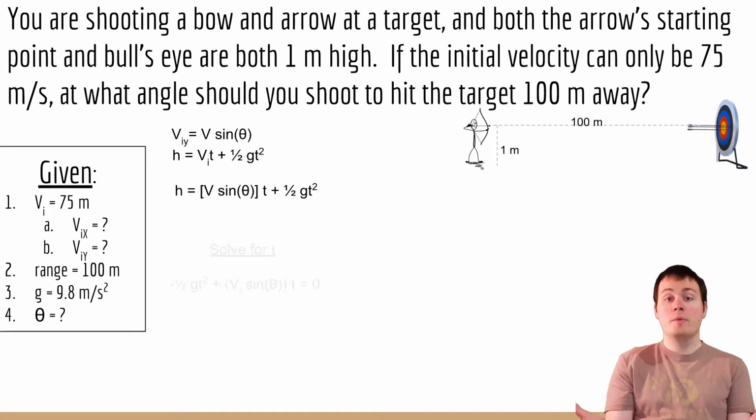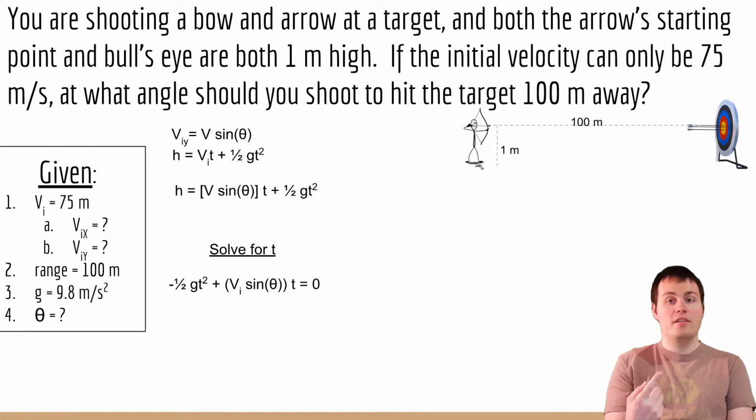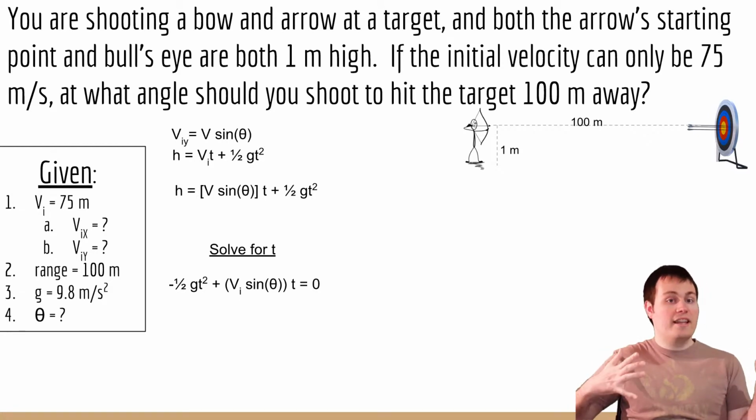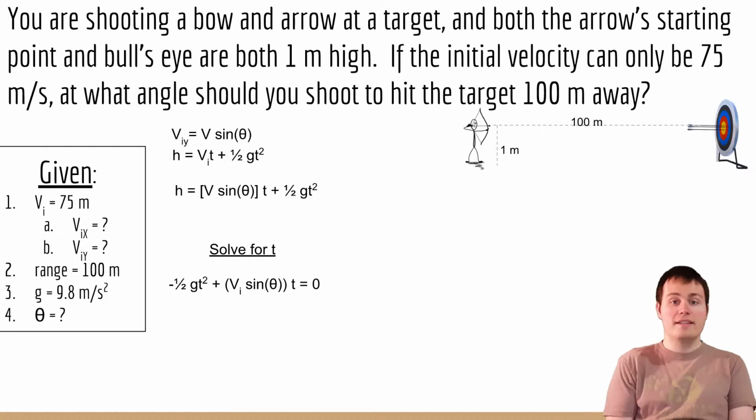Now we want to solve this equation for the two times: the first time being when you first release the arrow, and the second time right when it hits the bullseye, because we know that those are at the exact same height. So the height is equal to 0. And when we plug that in and solve for time, we get this rather complicated looking equation.